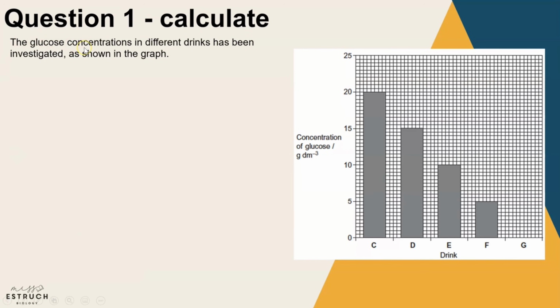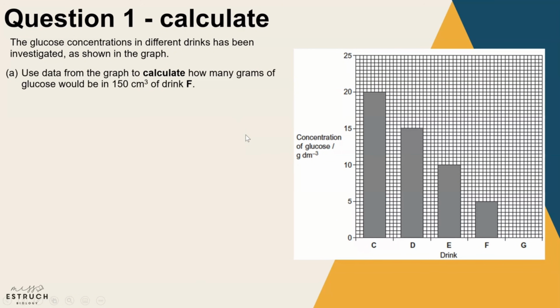So we're told that the glucose concentrations in different drinks has been investigated, and the results are shown in our graph. So we've got 5 different drinks, the concentration of glucose in grams per decimetre cubed. So the first question is, use the data from the graph to calculate how many grams of glucose would be in 150 centimetres cubed of drink F. So the first thing just to be aware of is they are giving us a volume in centimetres cubed.